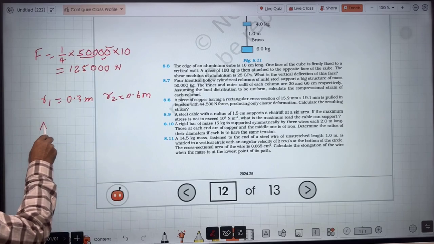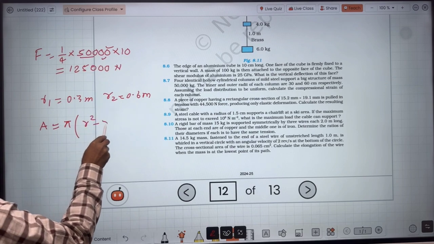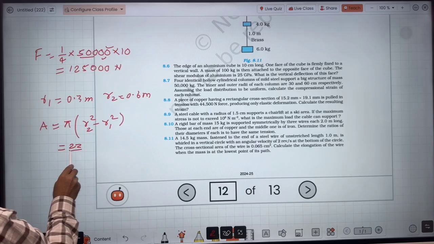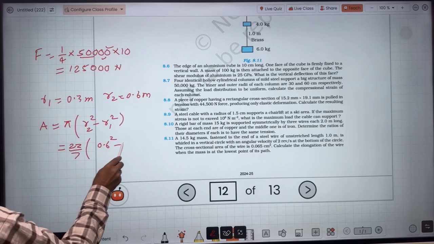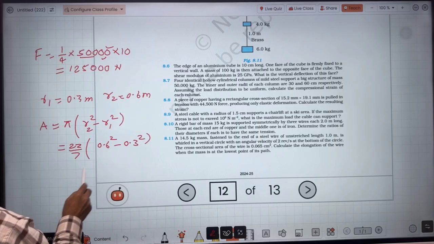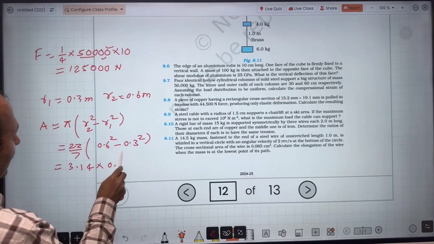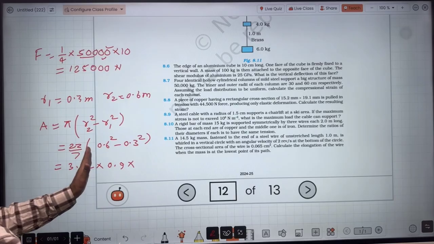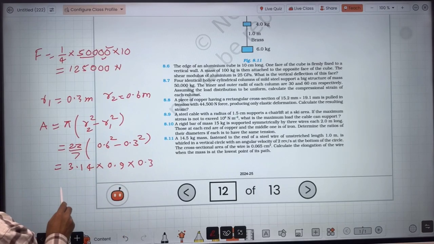Then area, if we find, so pi R2 square minus R1 square, right? So 22 by 7, R2 square, that is 0.6 square minus 0.3 square, 3.14 into, here a square minus b square can be applied. So 0.9 multiplied by a minus b and a plus b. A plus b is 0.9, a minus b will be 0.3.